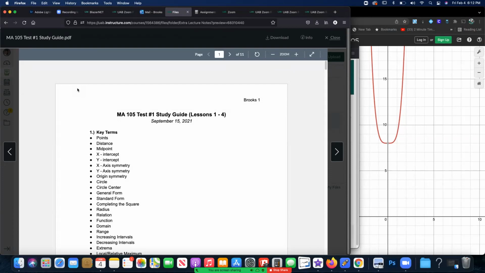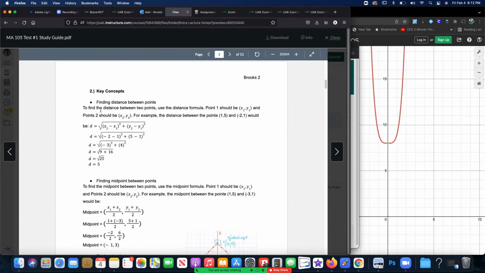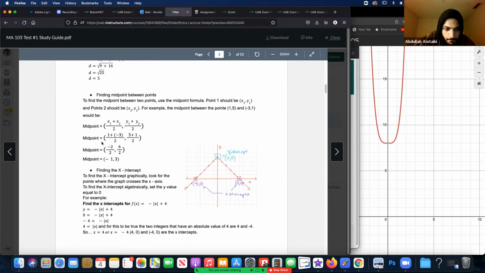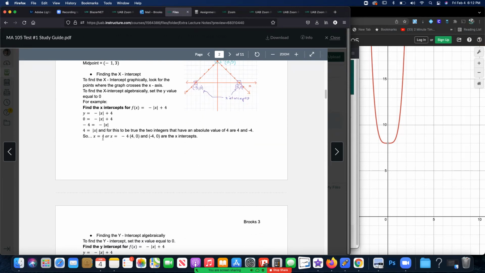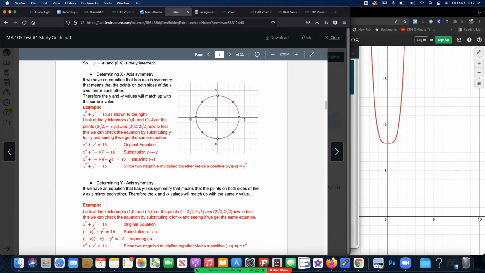Basically, you'll find the study guide, and for the formulas, I break down exactly what the formulas are and how they're used as well. So take a quick glance at those as you're prepping, because they can be pretty helpful in figuring out what to do.